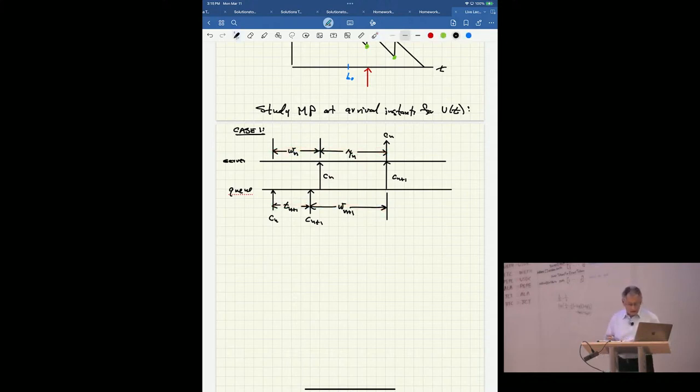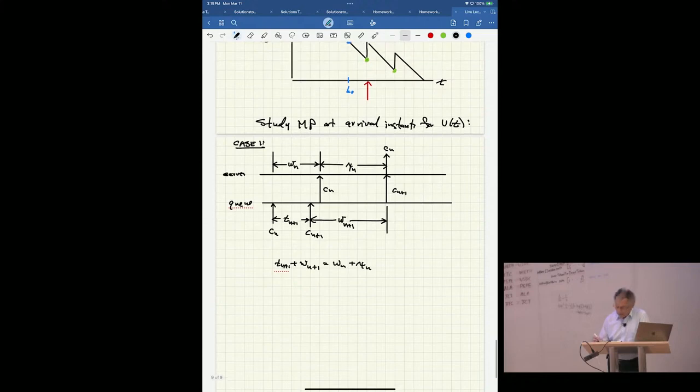So let's just say that Tn plus 1, the thing on the bottom, plus W sub n plus 1 is equal to Wn plus Xn. That's assuming that this quantity is greater than 0. So let's say that if Wn plus Xn minus Tn plus 1 is greater than or equal to 0. Namely, the next customer didn't arrive too late.